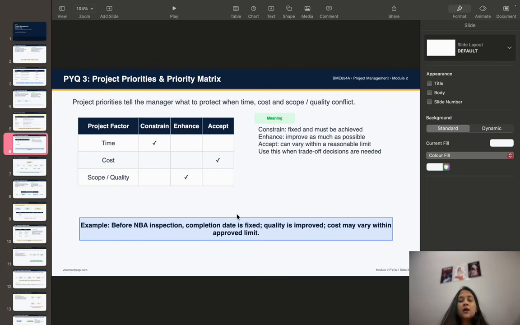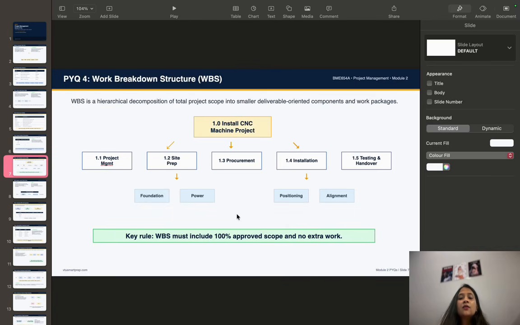Here you can include the NBA inspection example, which is done for colleges.